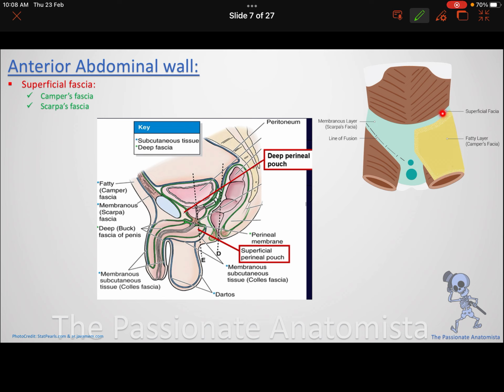Now, the Scarpa's fascia is the deep membranous layer of the superficial fascia, and we cannot say the word deep fascia. There is no deep fascia in the abdomen. There is no deep fascia in the face, because this would make it difficult to have facial expressions, and this would make it difficult for pregnancy, for distension of the abdomen. So we don't have deep fascia here. These are two layers of the superficial fascia.